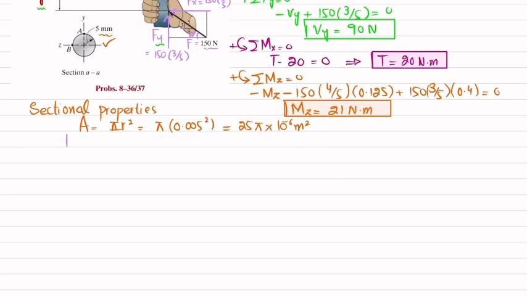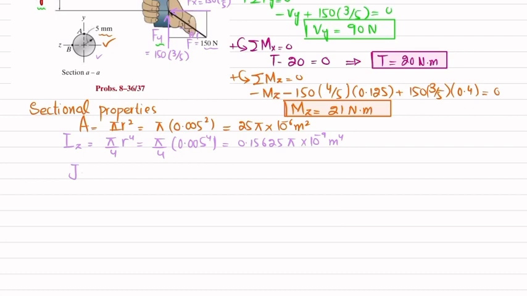Now we'll find the moment of inertia Iz about the z-axis. For this cross section, the moment of inertia for a circular body will be pi by 4 r to the power 4. So pi over 4 multiplied by 0.005 to the power 4 will give you 0.15625 pi into 10 to the power minus 9, and the unit will be meter to the power 4.